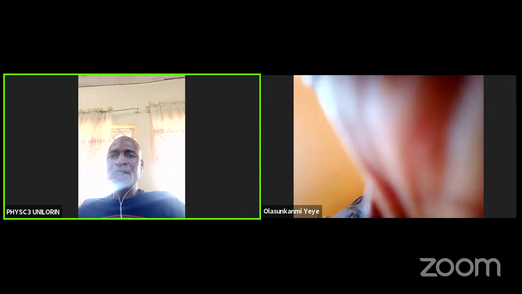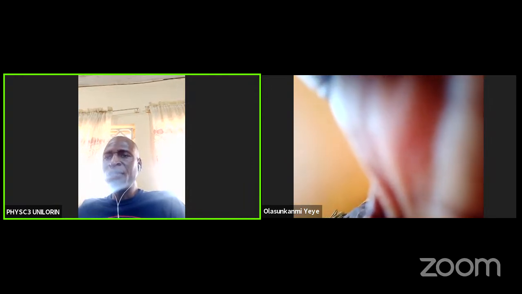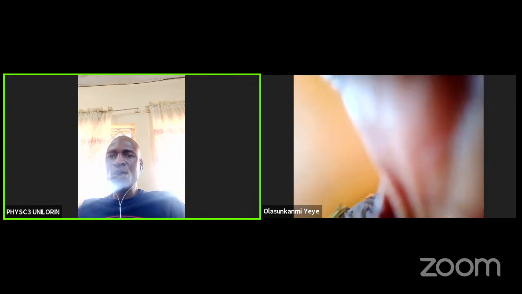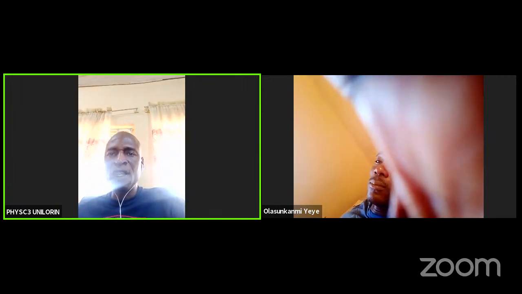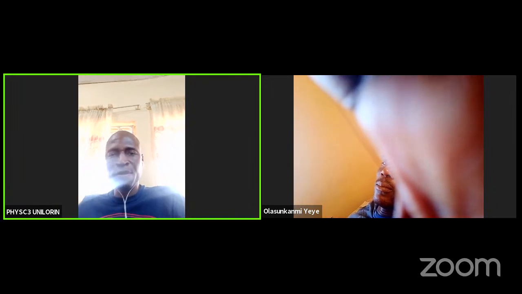From that sample, we are interested in whether there are 2 defective items, at least 2 defective items, then 4 good items. Let us go one after the other.